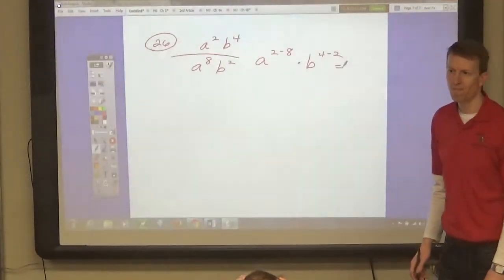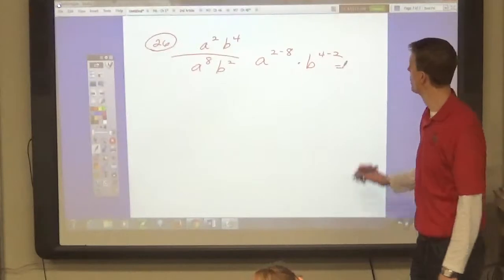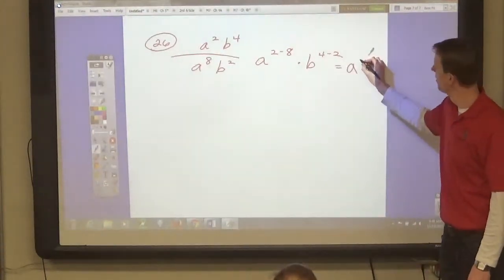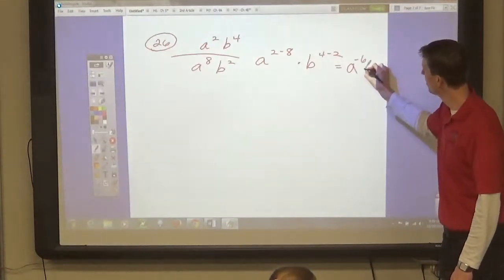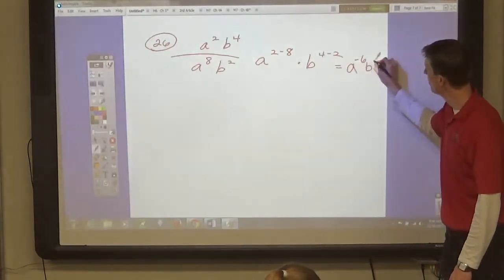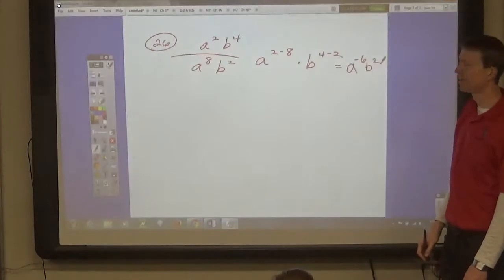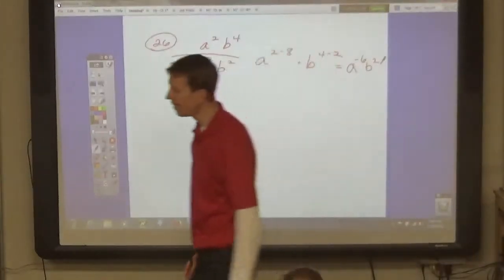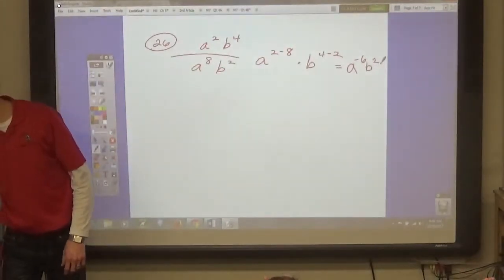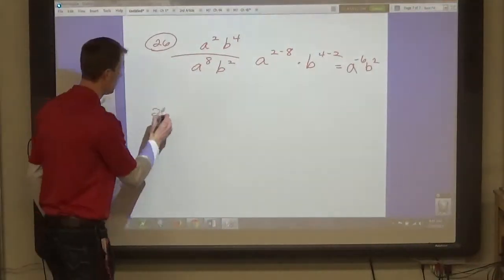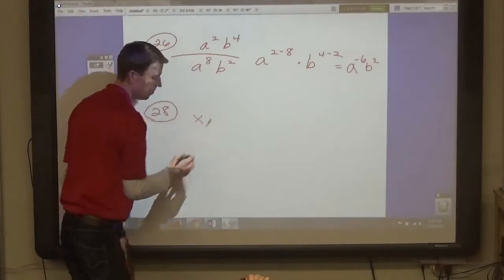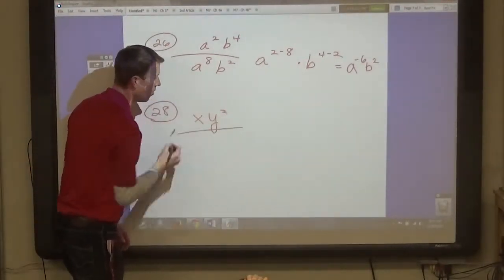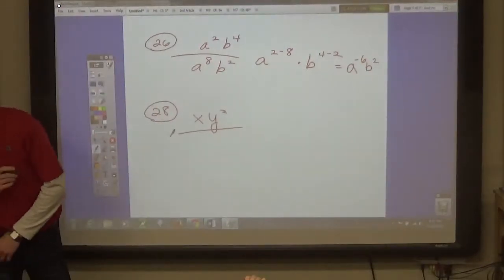What is it? Good. A to the negative 6 times b to the second. Great. Number 28. x times y squared over y to the fourth.